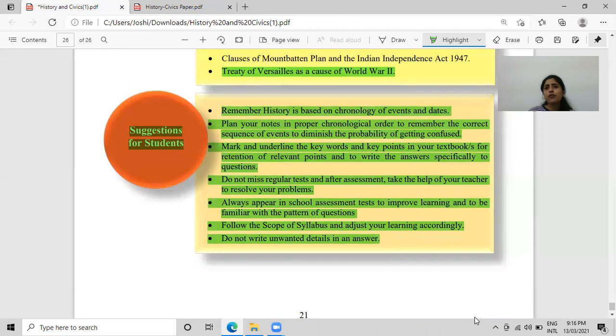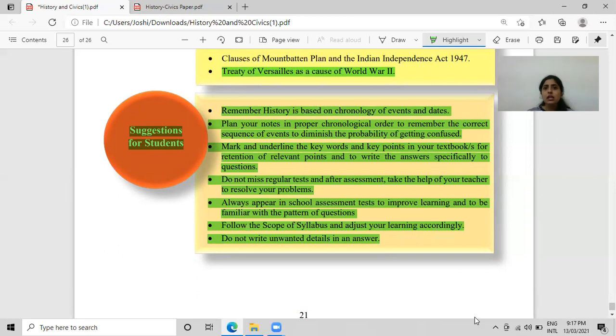If we start from our first chapter, the First War of Independence 1857, till the last chapter, the United Nations and its major agencies, all the important dates and events are mentioned in the chronology. It all started from the First War of Independence, from the year 1757 till the last chapter, 1947 or 1950. That's the time when we achieved independence.